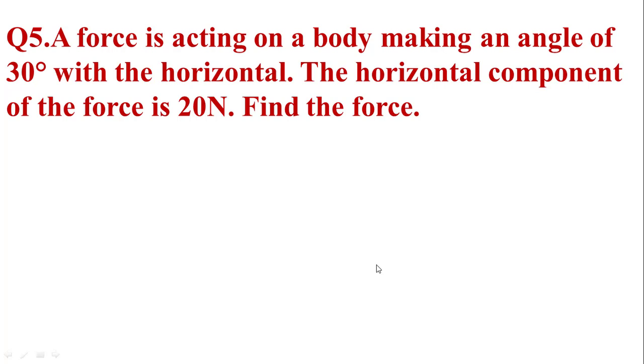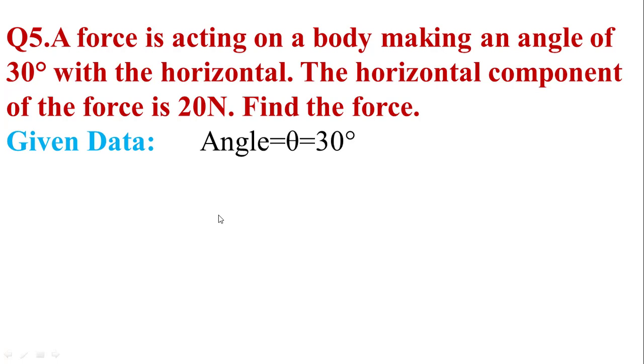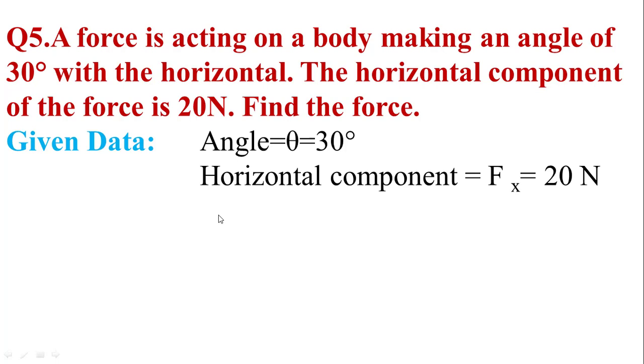The given data is the angle along the horizontal x-axis is 30 degree and the horizontal component of force F of x is 20 Newton. So write the given data: angle theta is equal to 30 degree and horizontal component of force F of x is 20 Newton. To find the force F, first of all understand the formula and how to use it.